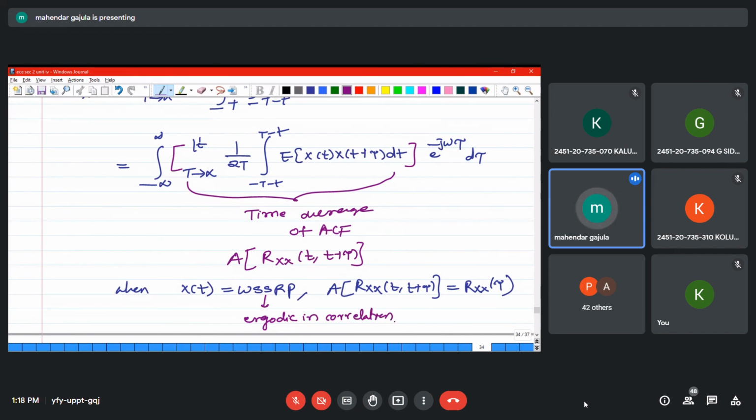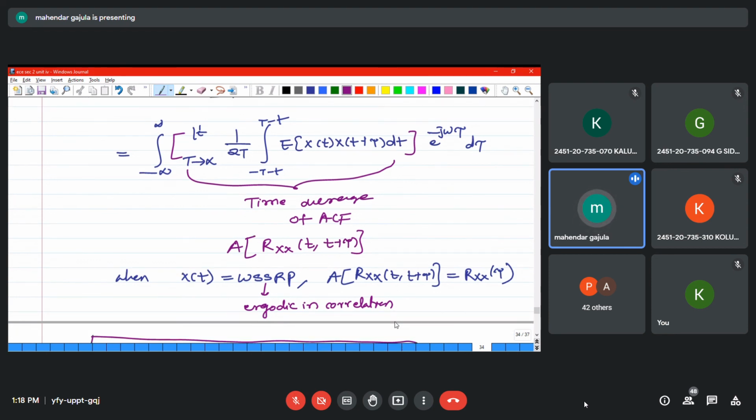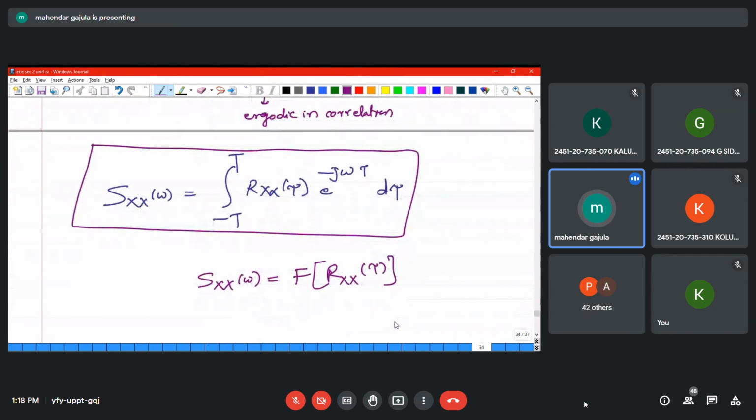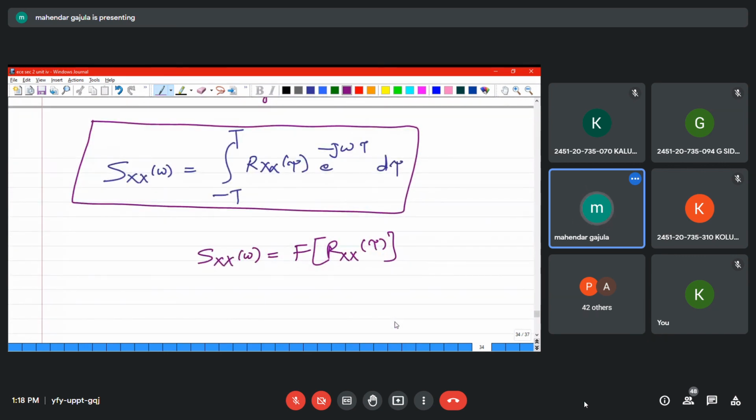What is ergodic? Ergodic means time averages and ensemble averages are equal. So ergodic in correlation means the autocorrelation time average is equal to the ensemble average of correlation. So x(t) is a random process along with ergodic in correlation. Then we have obtained that the spectral density is equal to the Fourier transform of the autocorrelation function.